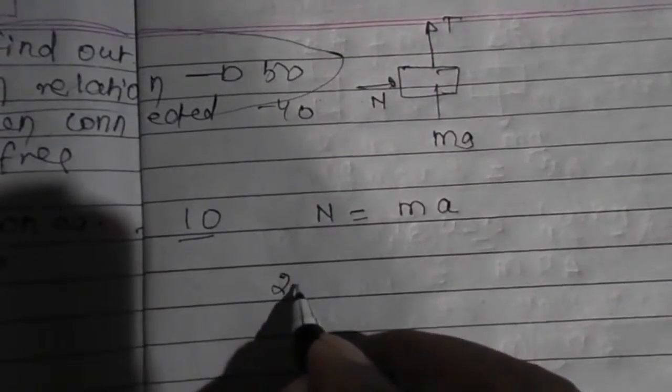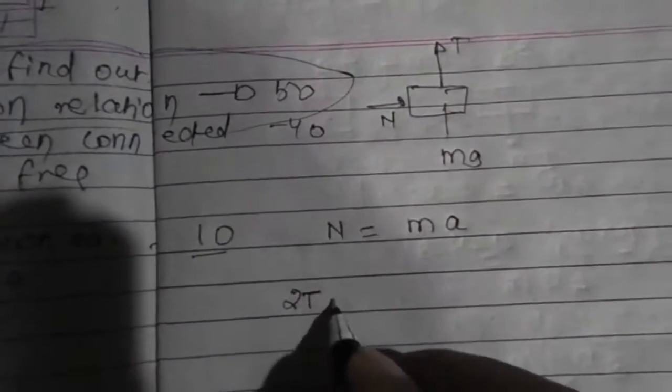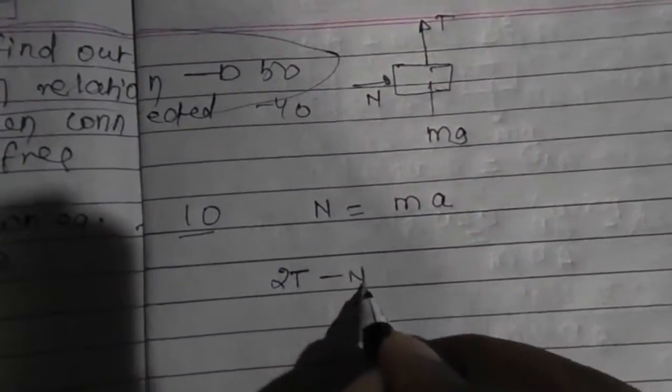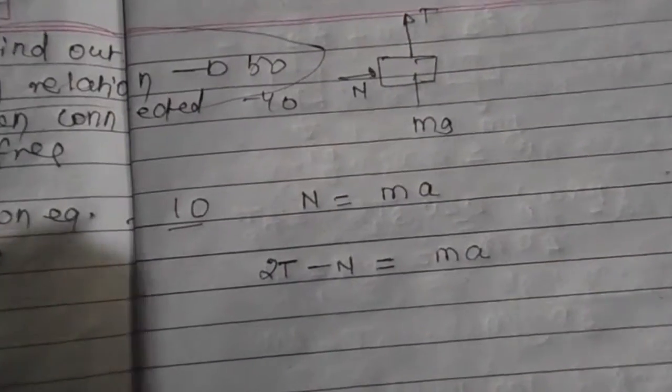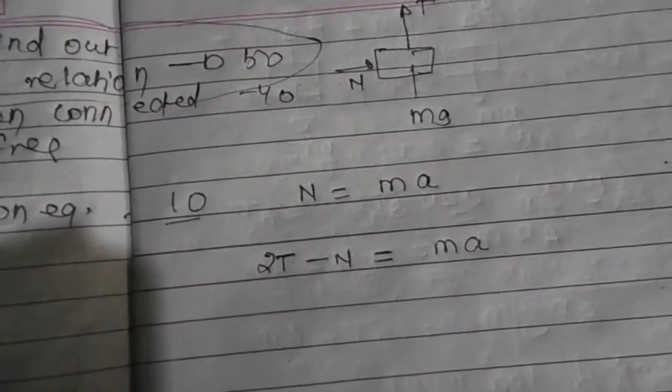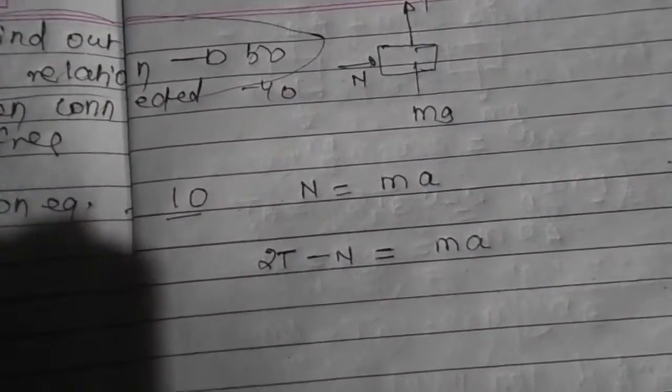N is equal to MA, and again 2T minus N is equal to MA.